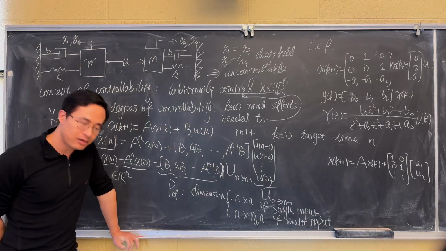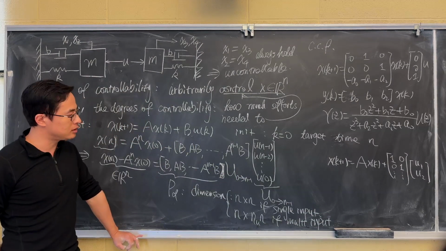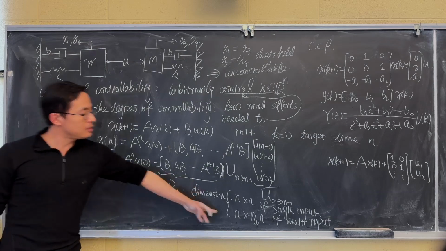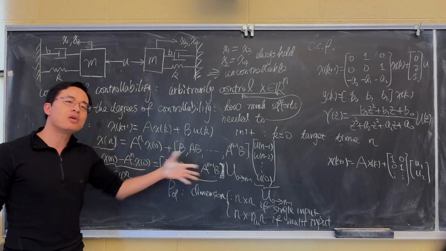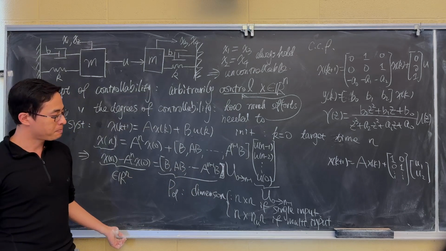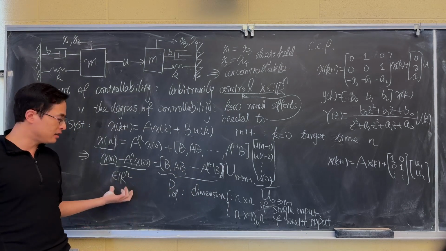So in that scenario, what is the condition for this system to be solvable? You have many more columns than n, and on the left-hand side you still have an n-dimensional vector.